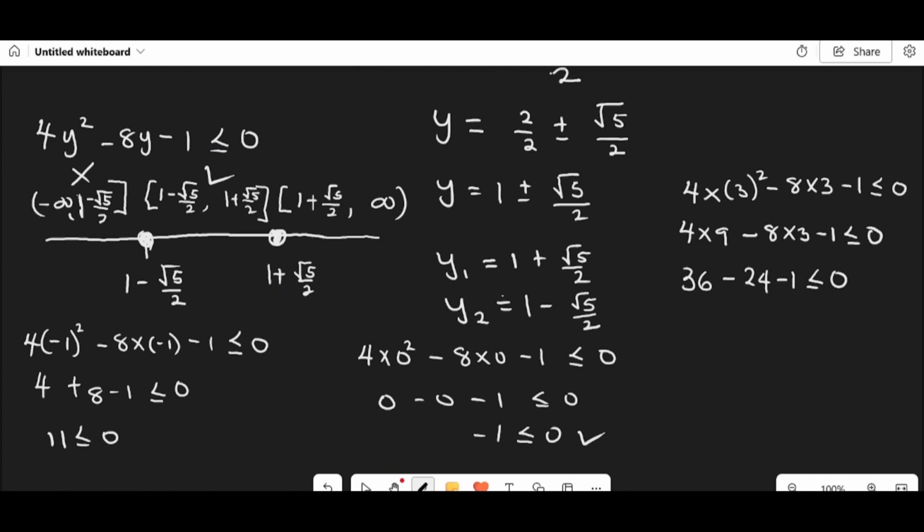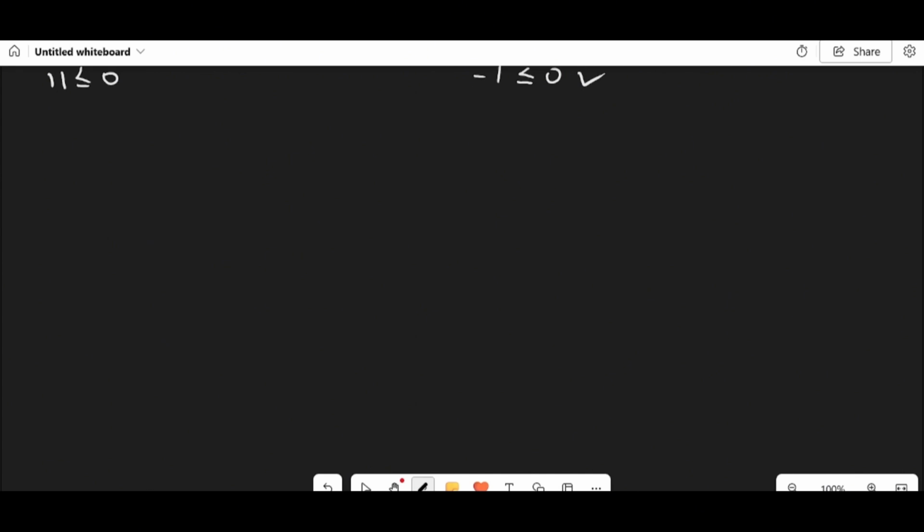And our answer is 11 is less than or equal to 0. This is not true. That means we exclude this interval. Our range is 1 minus root 5 over 2, 1 plus root 5 over 2.